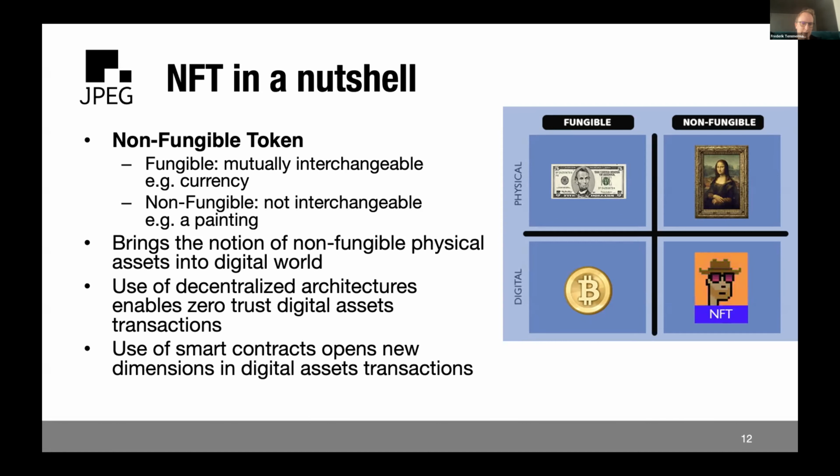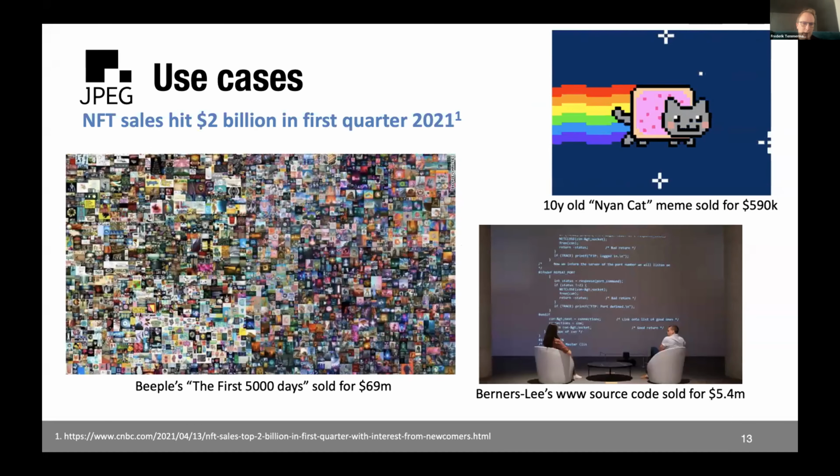And it uses that same decentralized architecture, just like cryptocurrencies, so based on blockchain technology. Now, just like fake media, this is a hot topic at the moment. In 2021, there was a 2 billion market in NFTs, and here are a few of the famous examples of NFTs that have been traded.